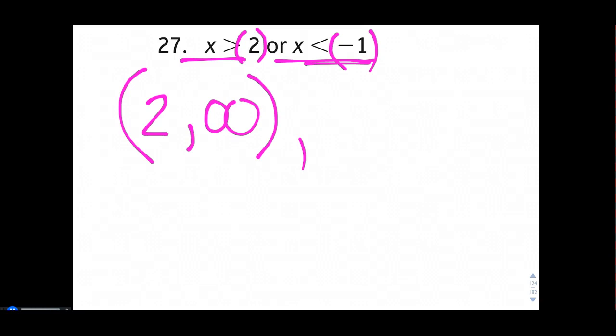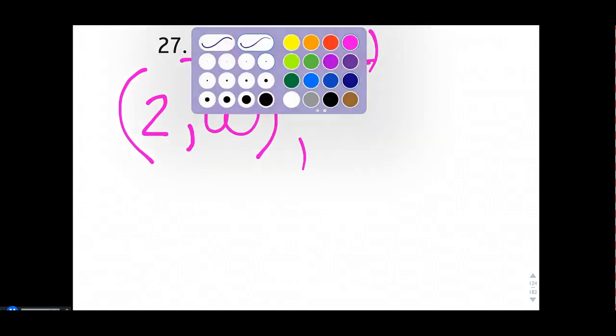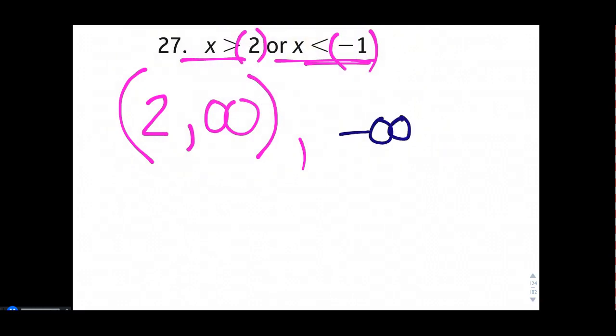It points towards the lower numbers. So do I start with negative infinity or do I start with -1? I start with negative infinity because negative infinity is technically smaller. You know that feels weird and it's weird, but it is. So you already told me I put a parenthesis on -1. Do I put a parenthesis or a bracket on negative infinity? Parenthesis.